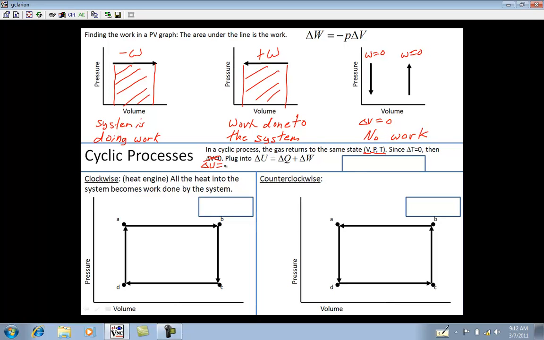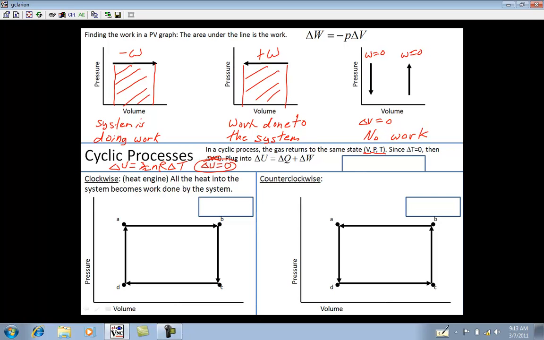What equation tells me that? Good. Okay, that comes from the equation: the change in internal energy is equal to 3/2 nR delta T. Since delta U is going to be 0, what does that do to my equation?